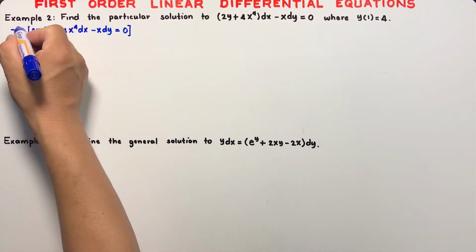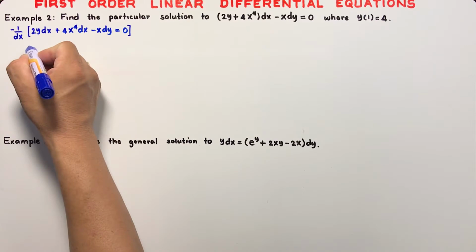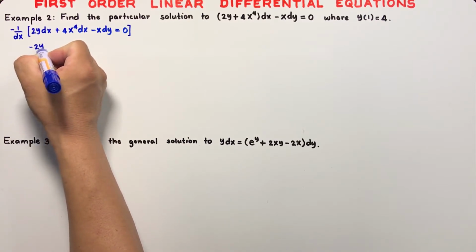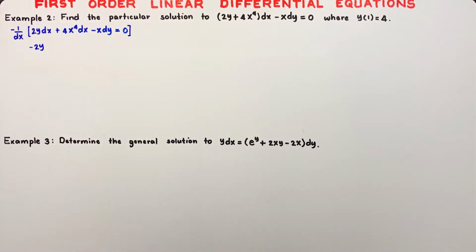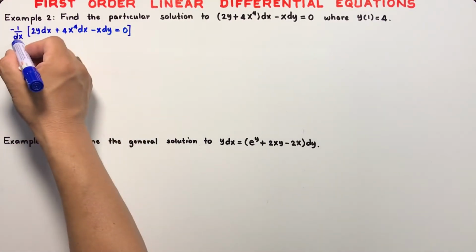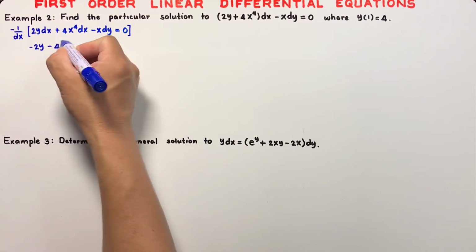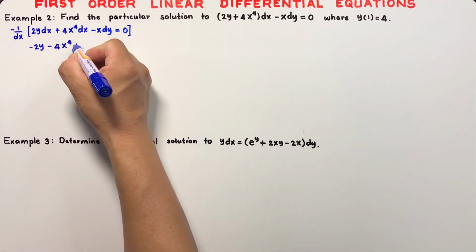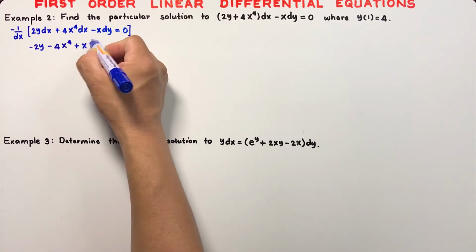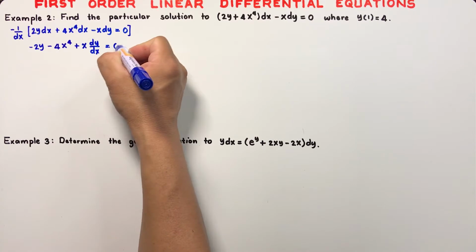So this 1 over dx times this term, we have a negative 2y, because this dx and this dx cancels each other. And also this dx with this dx here cancels each other. So this is negative 4x to the power of 4 because of the negative 1 there, plus x times dy dx here, which is equal to 0.